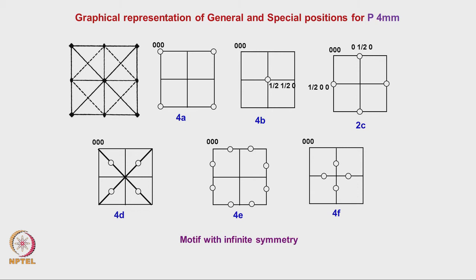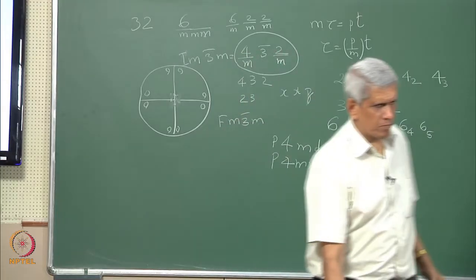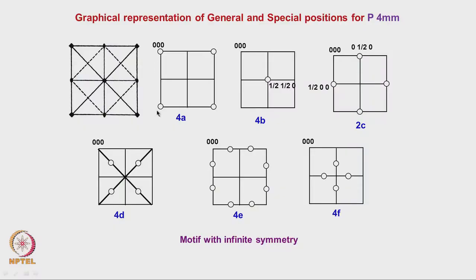You understand that? Whether I keep an atom here and generate a crystal, or keep an atom here, or at this position, or in this or this one, all of them satisfy 4mm symmetry. Is it clear?